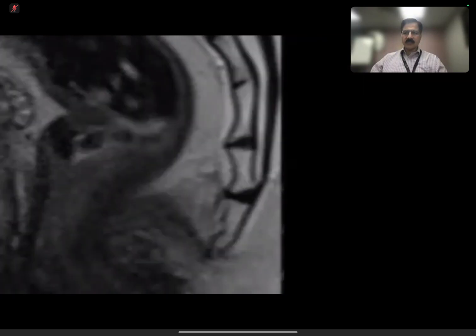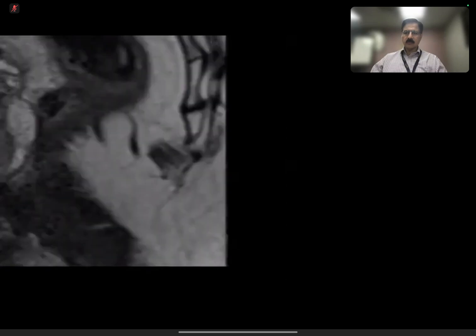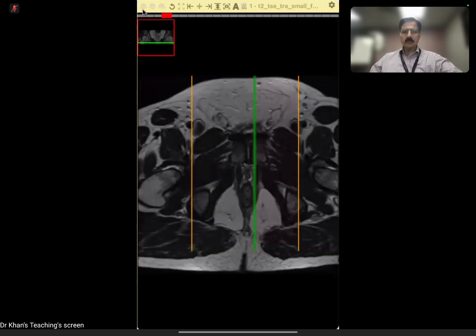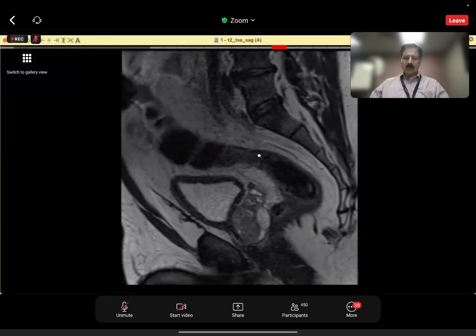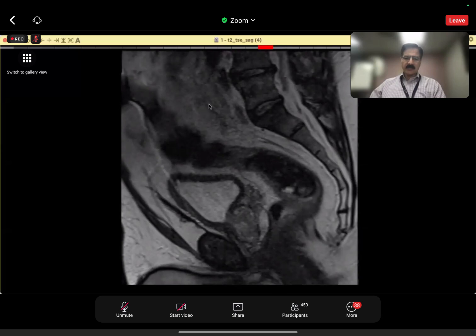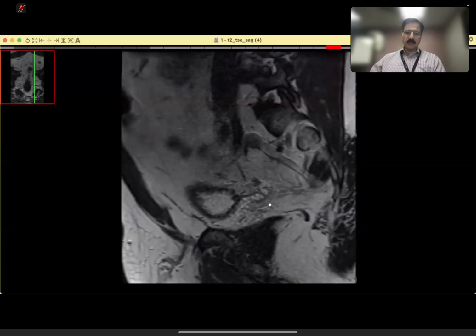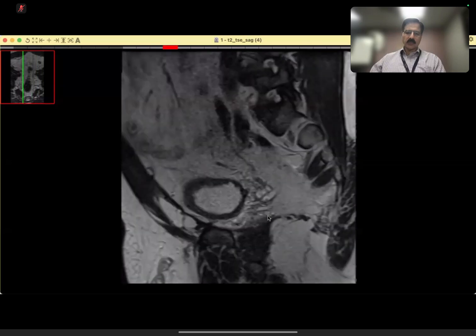Now, let's go to sagittal. So this is a sagittal, and I'm going, this is on the left side of the patient, and I am scrolling through to the right side.